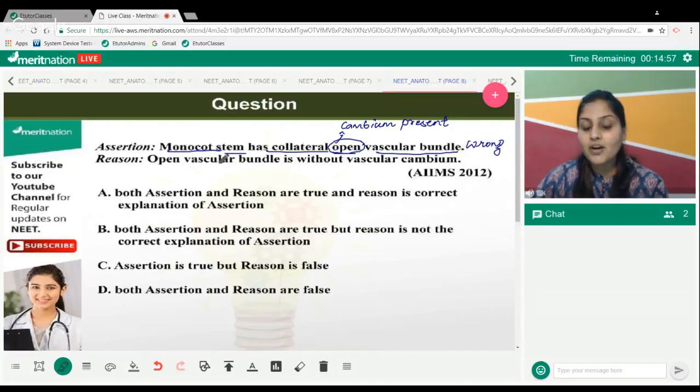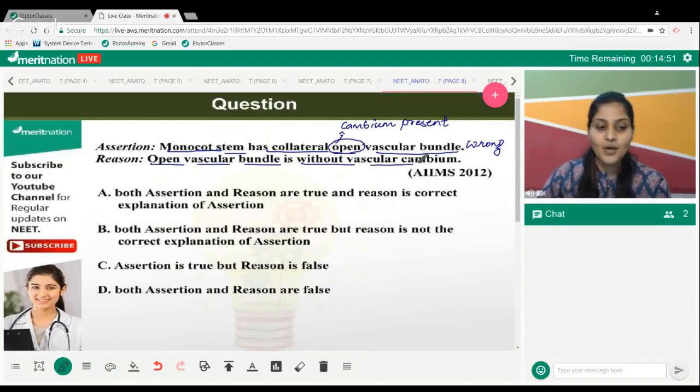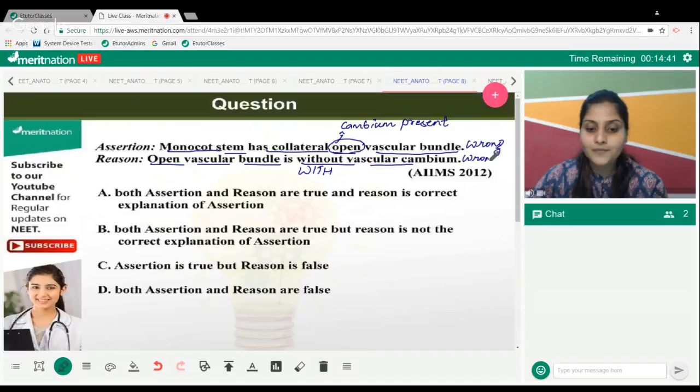Coming to the reason: open vascular bundles are without vascular cambium. Who says that? No, open vascular bundles are not without vascular cambium. They are with vascular cambium. So as a matter of fact, both of them are wrong. As simple as that.